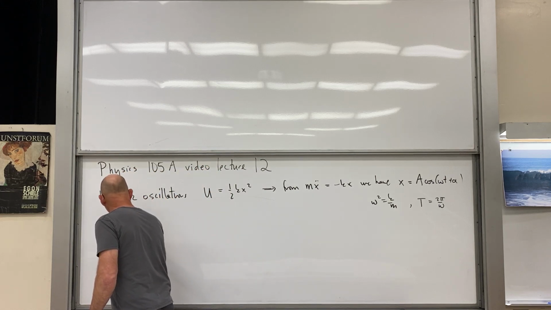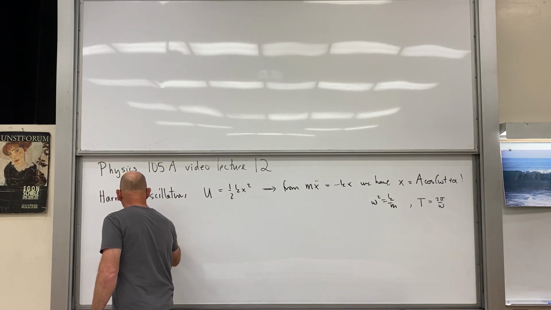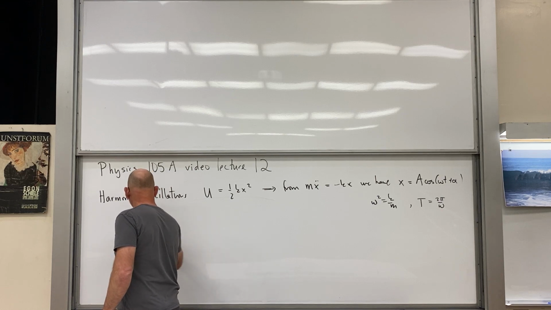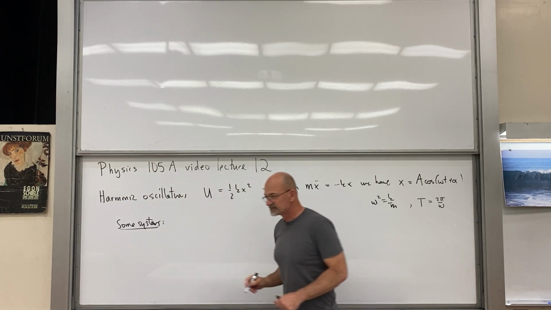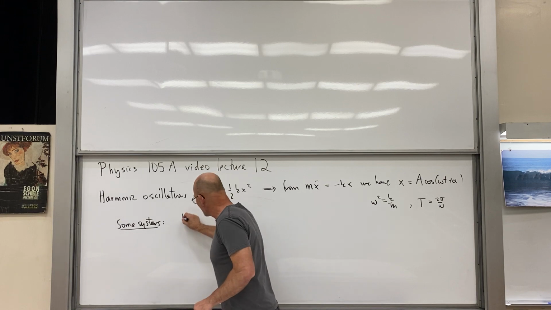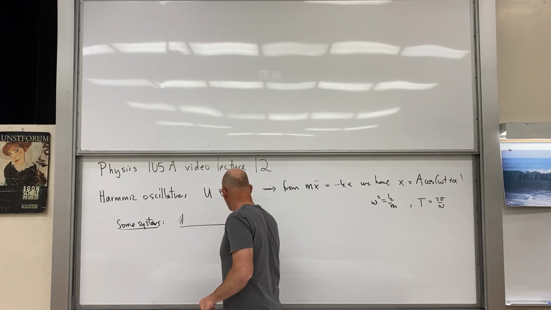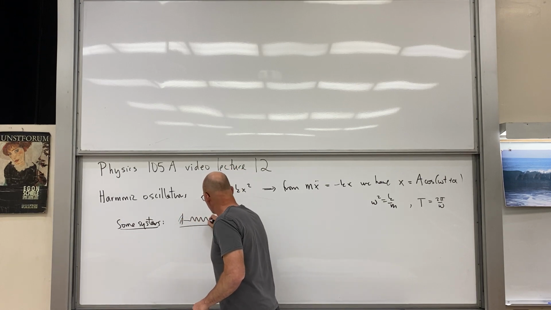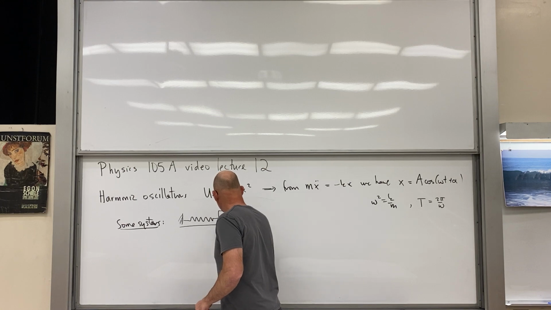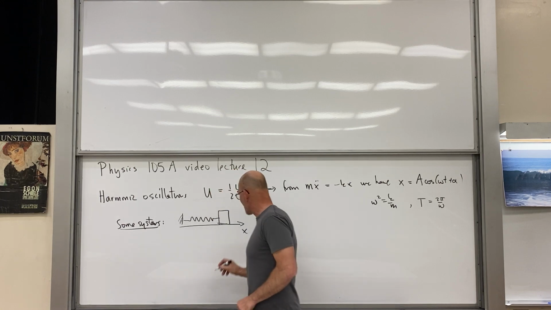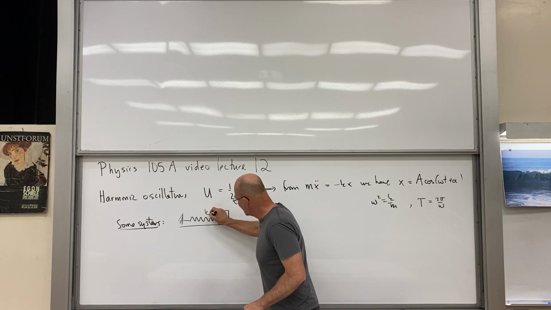So here's some systems. The first one, we'll just take the generic mass on a spring. You guys probably remember the idea is that we have a mass on some kind of frictionless track here. So there's m and there's k.